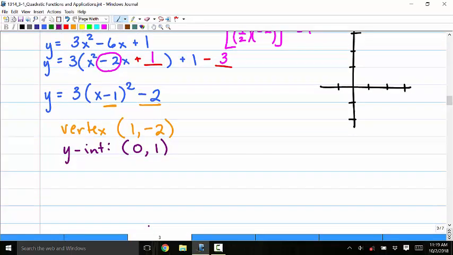But if you were using vertex form, you would say y equals 3 times 0 minus 1 squared minus 2, which is 3 times negative 1 squared is 1, and 3 minus 2 is 1. There's the y-intercept.